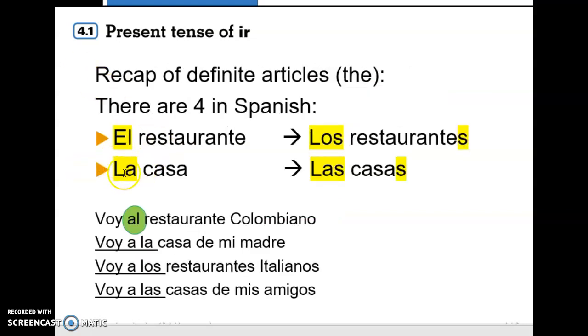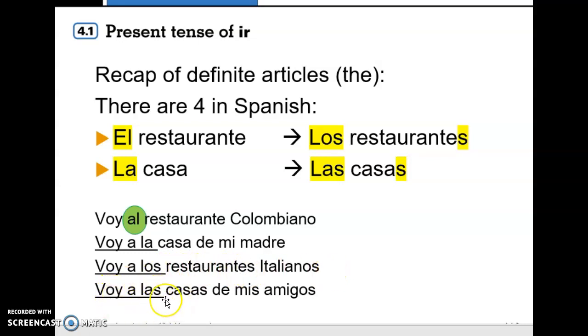So in here we say, voy a la casa de mi madre. I'm going to my mom's house. Voy a la. So you can see in there that I am using the verb voy. I go to the, okay? Voy a los restaurantes italianos. I'm going to the Italian restaurants.